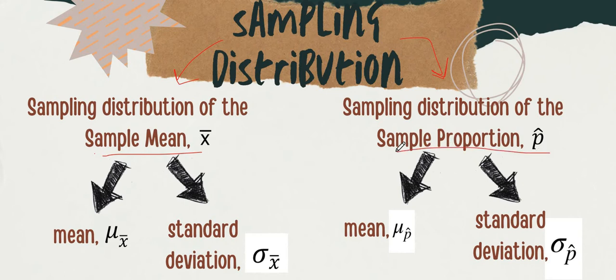I believe all of you know what a mean is, but maybe you are wondering what proportion is. For proportion we hold it first and proceed with the sample mean first, and later we will show you. Now I just want to give you an idea of what is behind this topic. After you know the sampling distribution of the sample mean, we will find the mean of the sample mean.